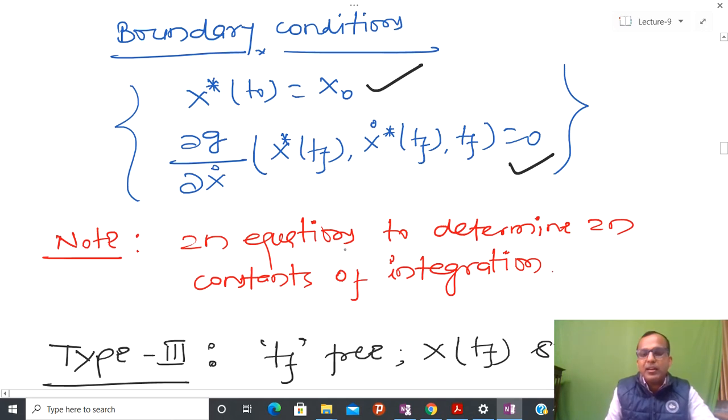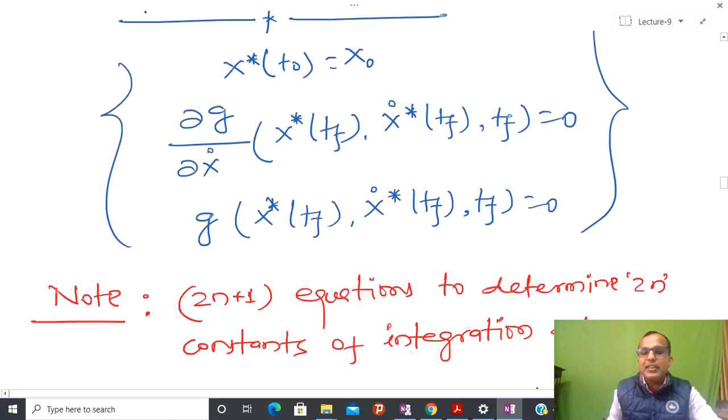Again I have 2n equations to determine 2n constants of integration, because in each and every case I have to solve the Euler-Lagrange equation, and the Euler-Lagrange equation is basically associated with delta x, meaning the generalized variation, and the generalized variation is arbitrary, and due to that we have to put the coefficient that is multiplied with the generalized variation equal to 0. Due to that reason the Euler equation comes into the picture.